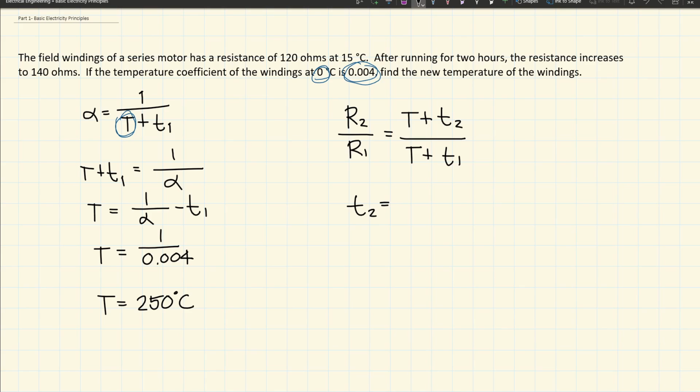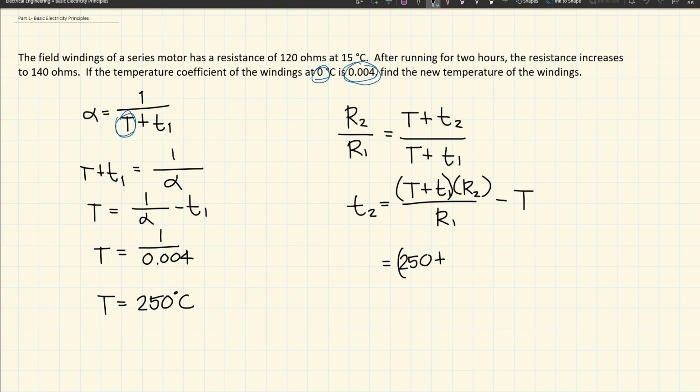T2 is equal to T plus T1 times R2 all over R1, minus T. Okay, let's simplify. Our T is 250 plus T1.